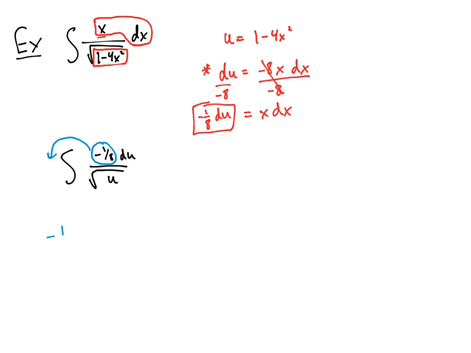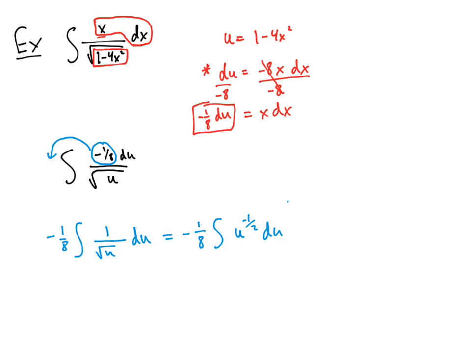So this is negative 1/8 the integral of 1 over the square root of u du. And then I'm going to write the radical with exponent notation. Instead of 1 over the square root of u, that would be 1 over u to the 1/2, or this will just be u to the negative 1/2 du.